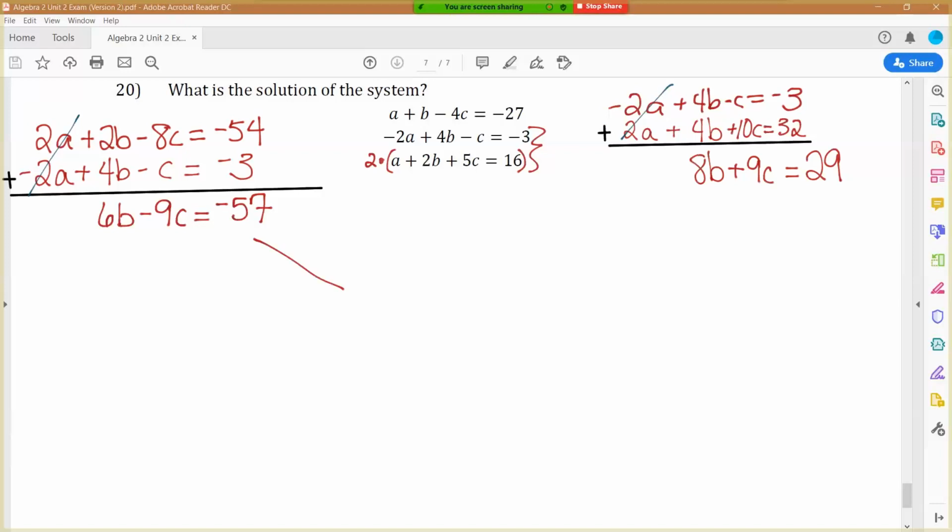So now I'm going to take these two equations and I'm going to bring them down. So actually, if I'm really lazy, copy this. Oh, I copied them.